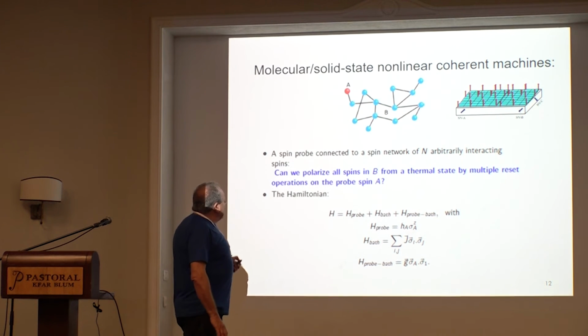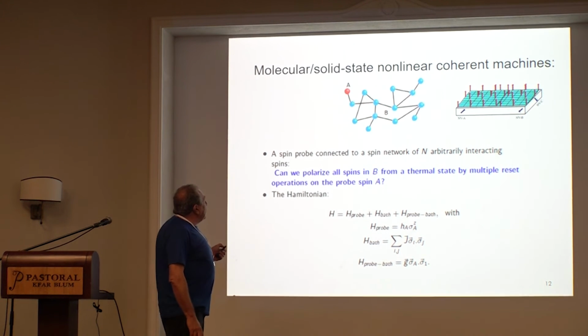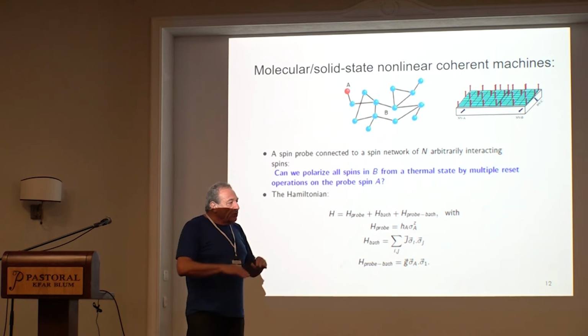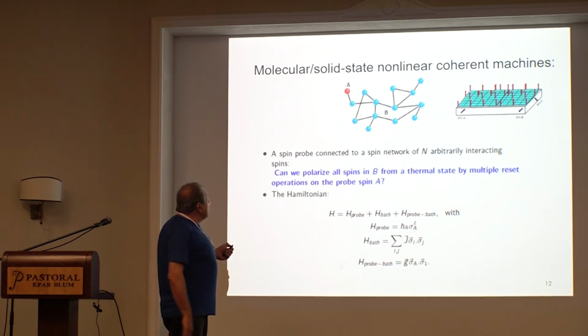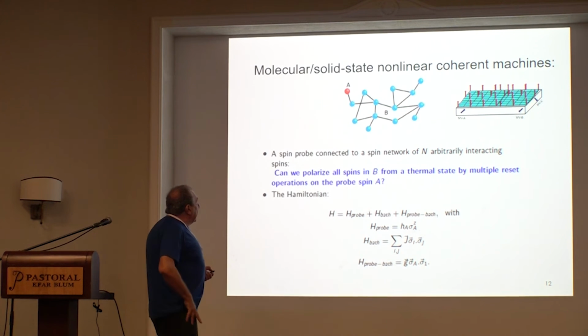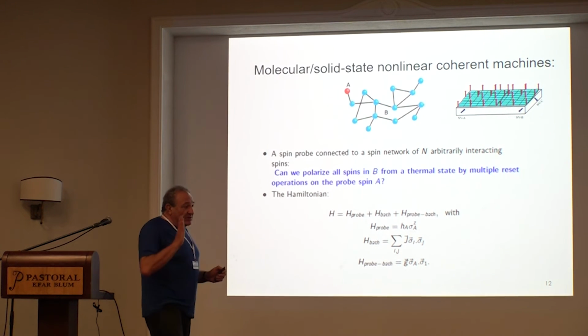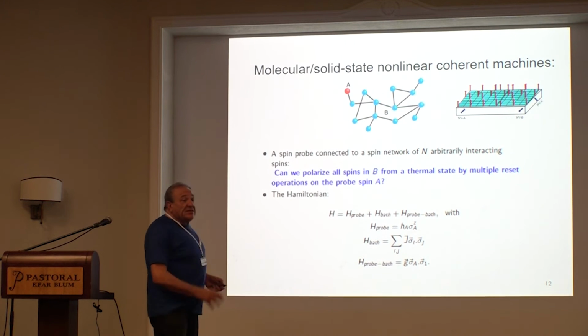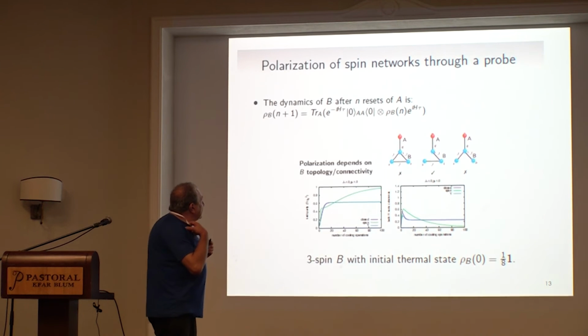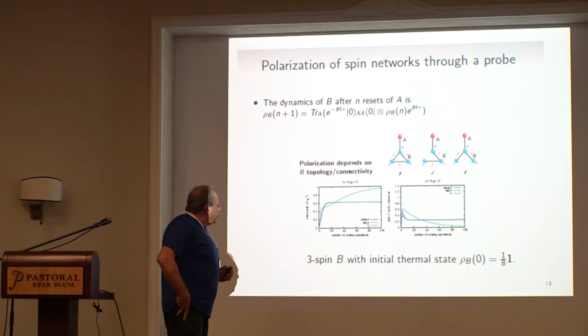So let us now concentrate on such a network which you would like to polarize or cool down for a variety of reasons. This is what is called hyperpolarization in NMR. And you do that by a probe which swaps heat with this network and dumps this heat elsewhere, okay? But this doesn't work. And the reason is that symmetry plays a crucial role here.